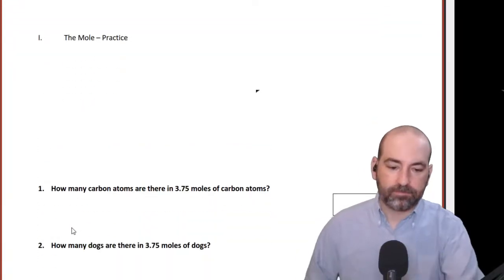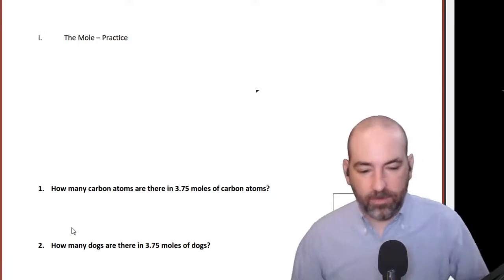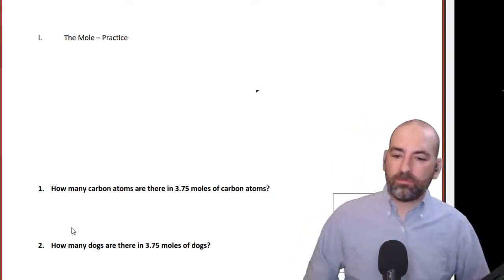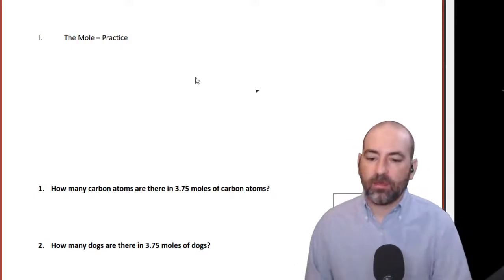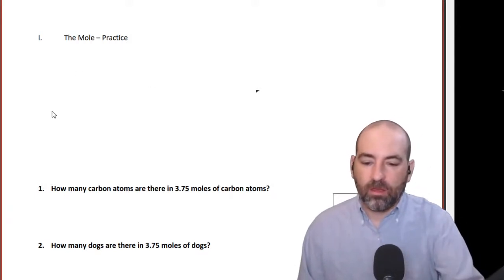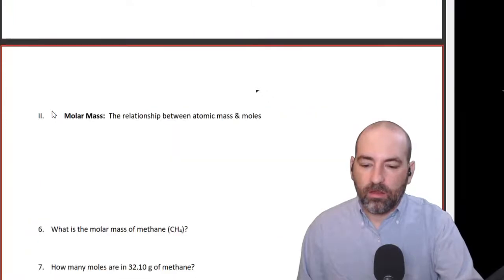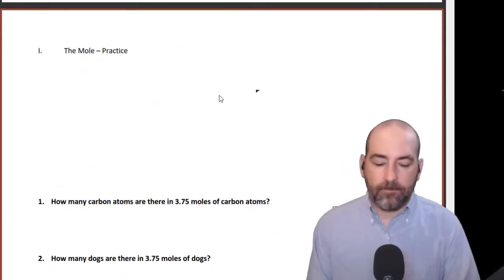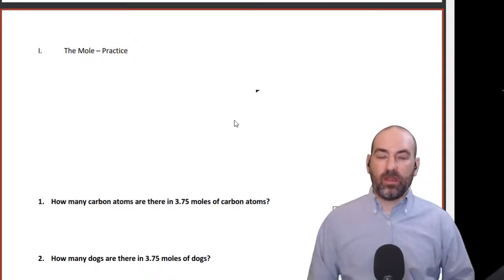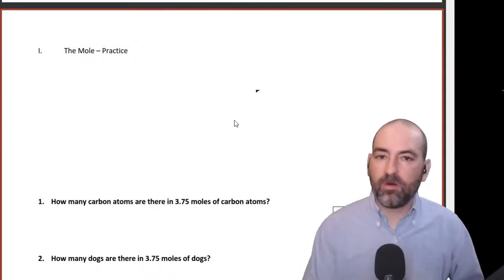All right. The next topic for this morning is the mole. And we're going to start with a little blank space here so I can write some stuff down. Sorry, okay. Now, the mole is a number, and you may have heard of it before in relation to chemistry.